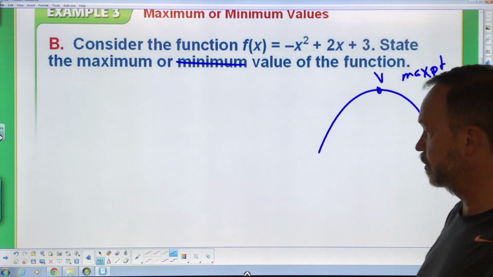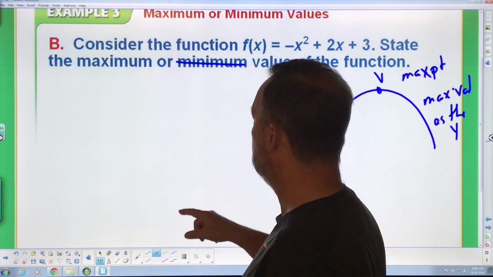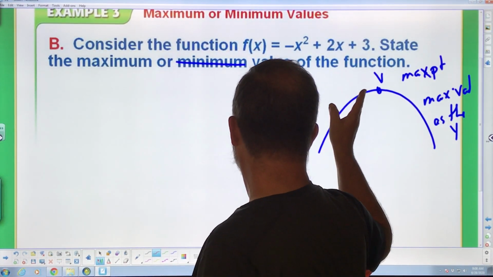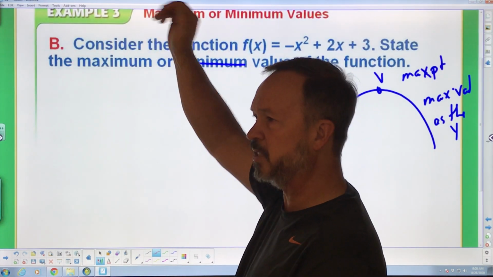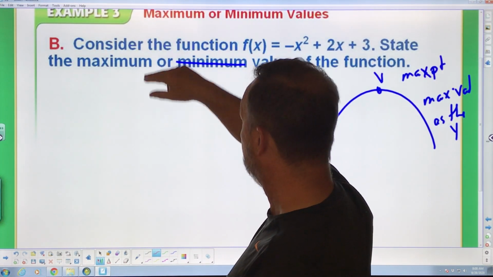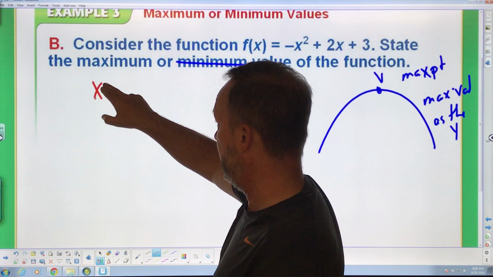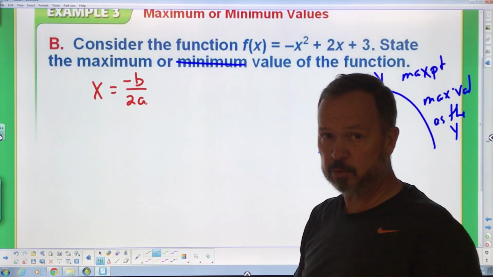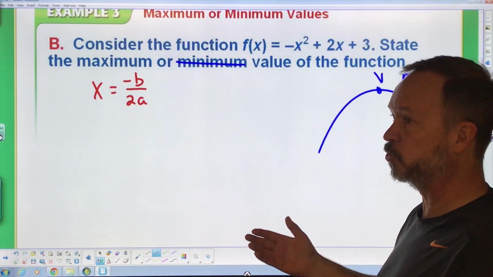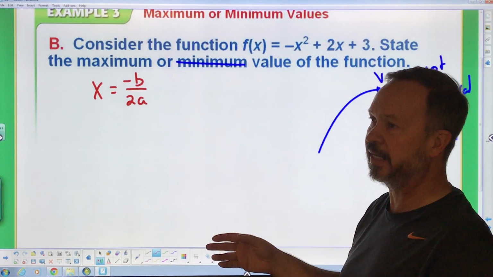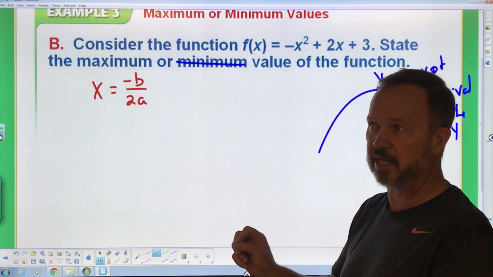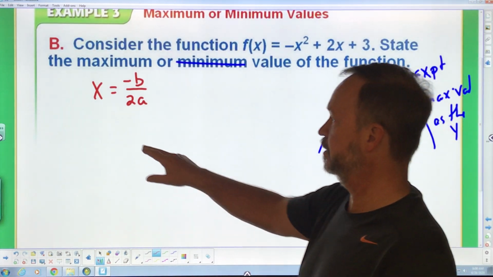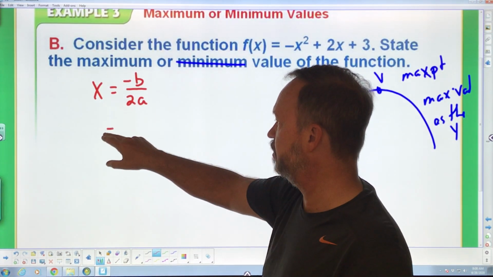Okay, so let's talk about how you would find the maximum point, the vertex. We just did vertex a few minutes ago in a slide. We said we can find the x coordinate using the axis of symmetry formula, because the axis of symmetry is x equals some number, and that x is also the x of the vertex. Aha, see the big picture.